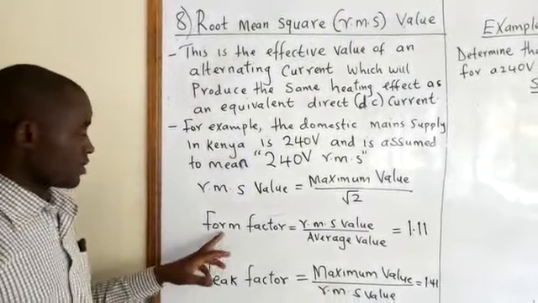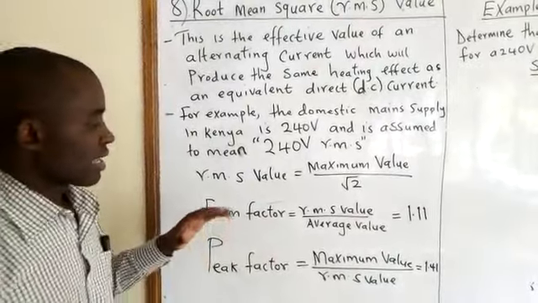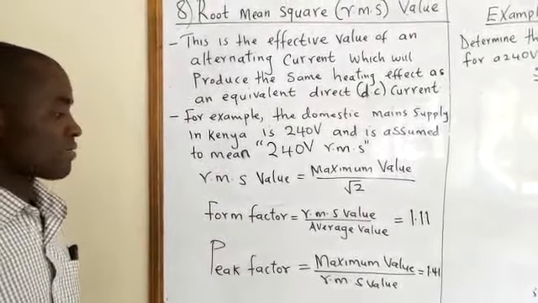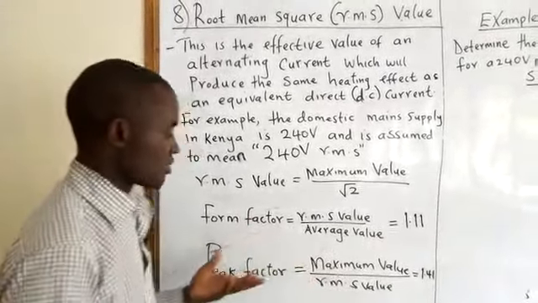Another point we need to know is the form factor. The form factor is the ratio between the RMS value over the average value. Remember, the average value is also called the mean value.